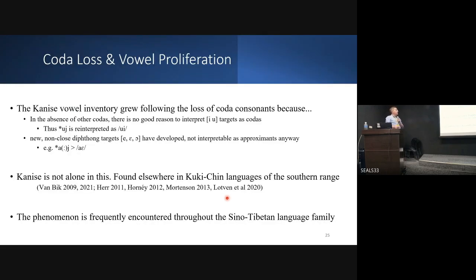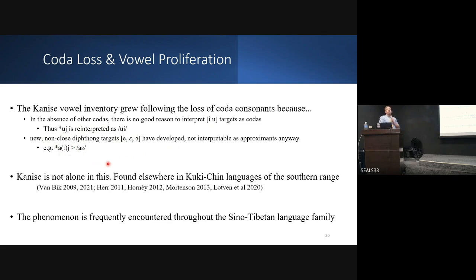So the Kanise vowel inventory grew with the loss of coda consonants for a few reasons. One of which is that in the absence of other codas, you start to lose good reasons to interpret the closed vowels as codas at all. And also, we've got these new non-closed diphthong targets, which are not really interpretable as approximants anyway.